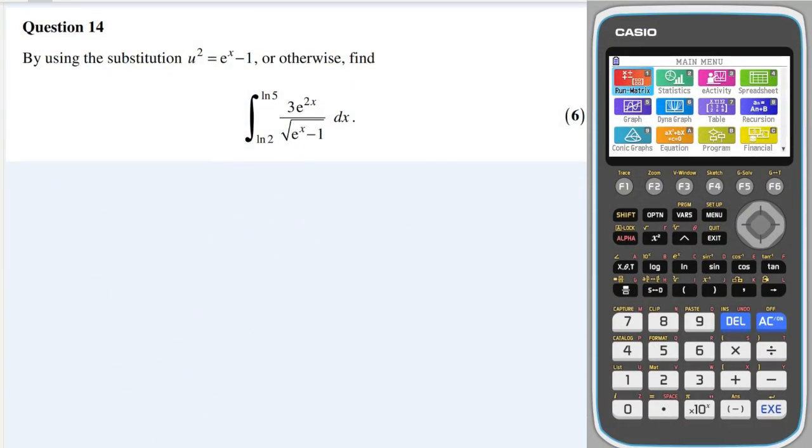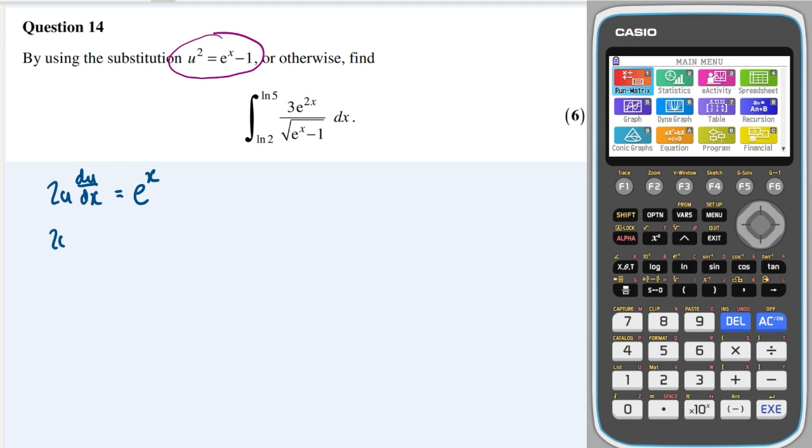Okay, integration by substitution. I'm going to start by differentiating the substitution with respect to x. So I'm going to get 2u, but that is with respect to u, so I need to multiply it by du by dx, is equal to e to the x, which differentiates to itself, and we're good.